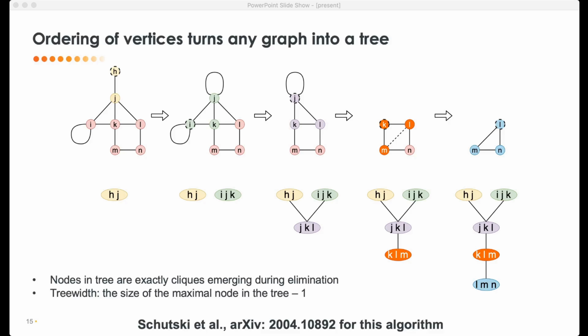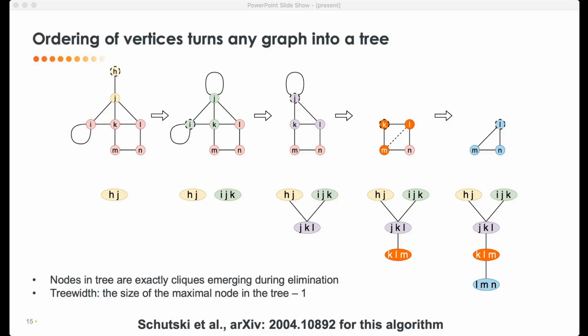Suppose we first eliminate a vertex h. This procedure produces a clique hj, and we add this vertex, called a bag, into a tree. Then we eliminate i. i has neighbors j, k, so we add another bag ijk to the tree.